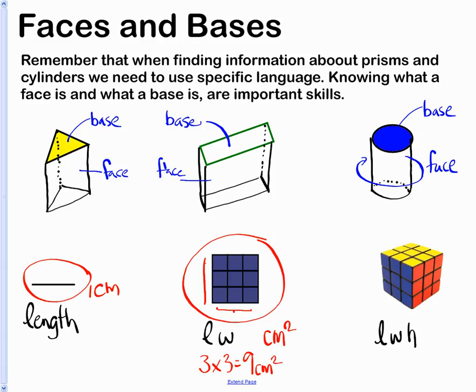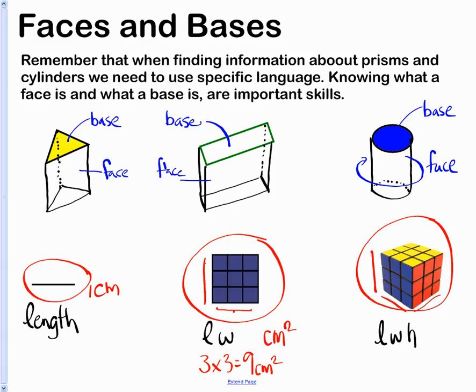The same is true with our last shape, our three-dimensional cube. We would do the exact same thing. We would take our length, our width, and our height, and we would multiply those.